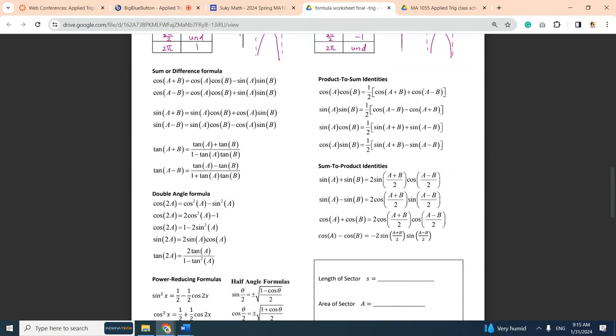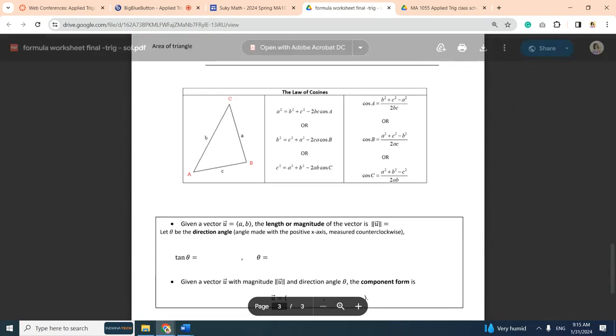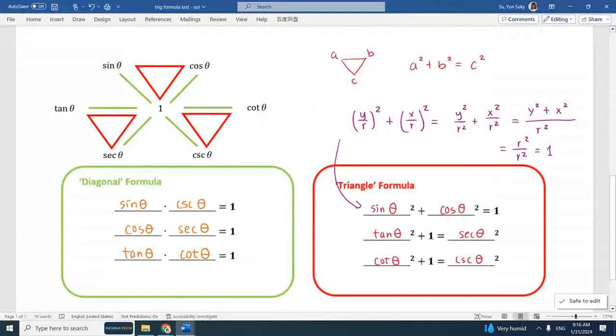You don't need to memorize. And these ones, you're going to need to memorize. So just follow the instructions and I will try to find some way to help you memorize, like this hexagon. You draw it, you look at the diagonals, look at the triangles, then you can memorize it. All right.